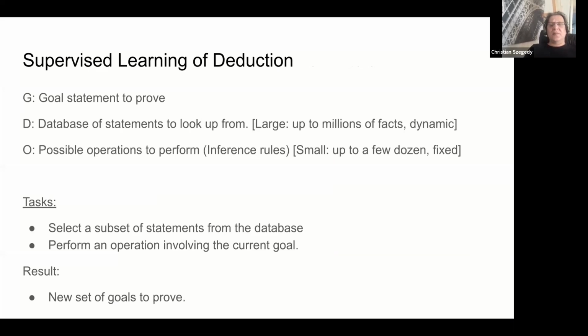Then we have a database of statements that you can look up from, for example 1 million statements that you already proved. And then there are certain inference rules, not too many, a few dozen. The hardest part of the task is that you have to find the inference rule, but most importantly, you have to find what statement to use at that step. So you have to pick the parameters of that inference rule.